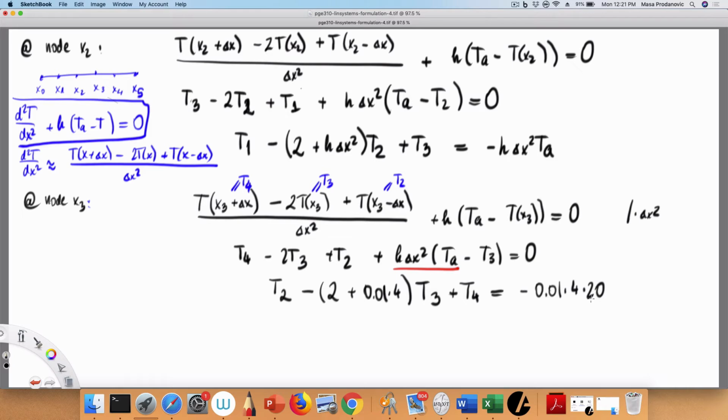So this equation is T2 minus 2.04 T3 plus T4 is equal to minus, what is this, 80 times 0.01, 0.8.